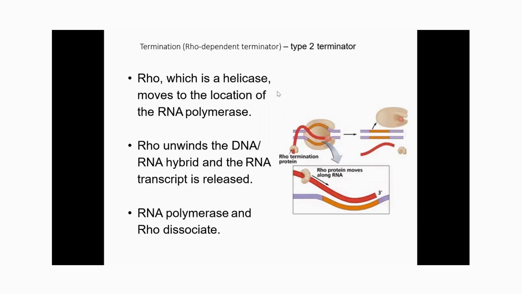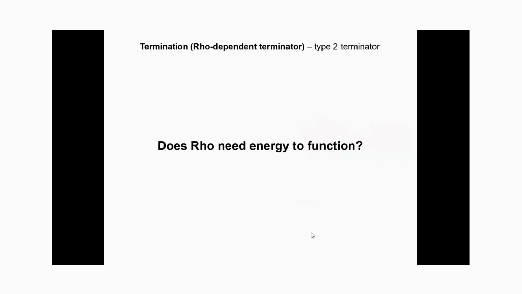Rho protein is also known as a helicase enzyme. It is a helicase-like enzyme. It moves to the location of the RNA polymerase enzyme, and rho unwinds the DNA and RNA. So whatever RNA is bound here, it removes the RNA. It removes the RNA polymerase enzyme also, and release of the RNA molecule into the cytoplasm takes place.